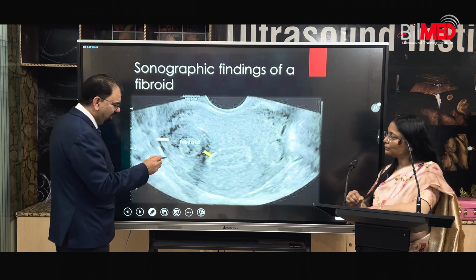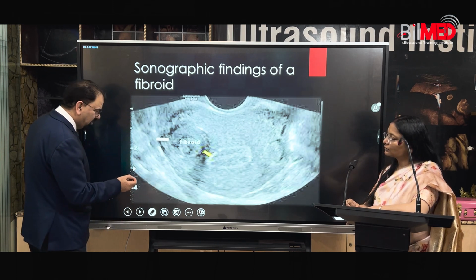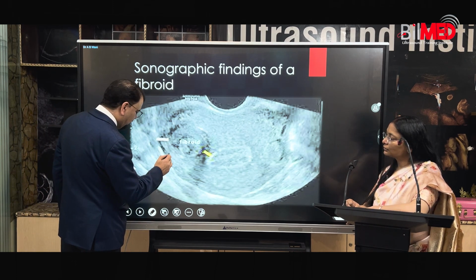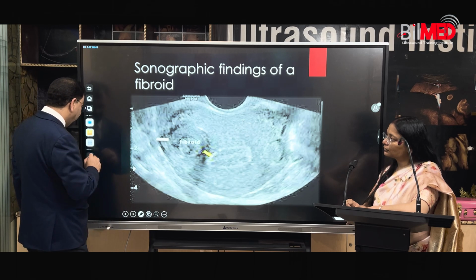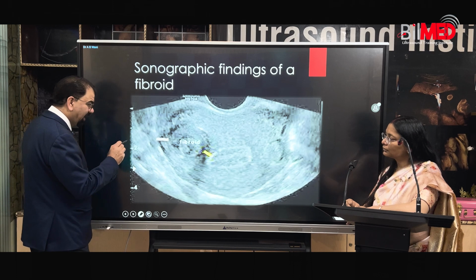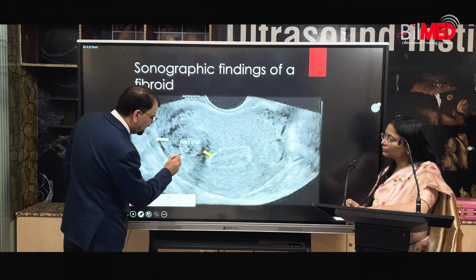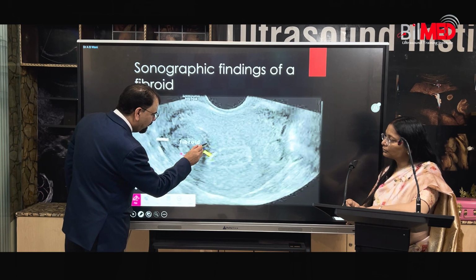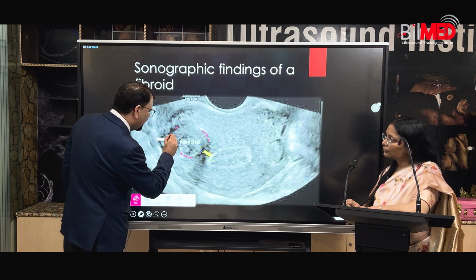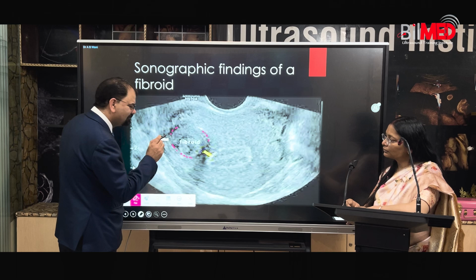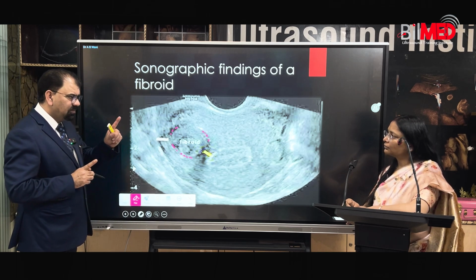I told you just now, if I put a color box over here, I will see a peripheral flow, and that peripheral flow will be over here, over here, over here, and over here. Point number one.